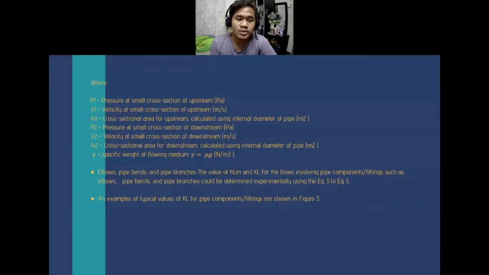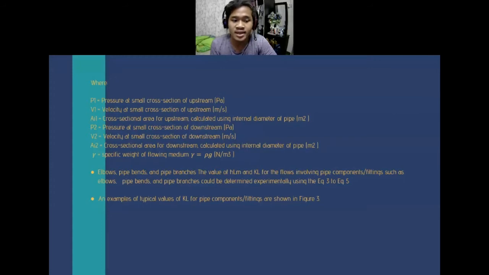So basically, I will explain more about the symbols. P1 equal to pressure at the small cross-section of the upstream in Pascal. V1 equal to velocity at the small cross-section of the upstream in meter per second. A1 equal to cross-sectional area for the upstream calculated using the internal diameter of the pipe, meter squared. P2 equal to pressure at the small cross-section for downstream in Pascal.